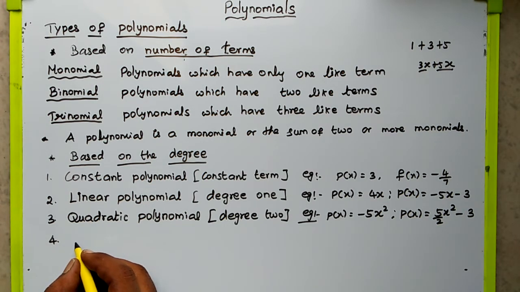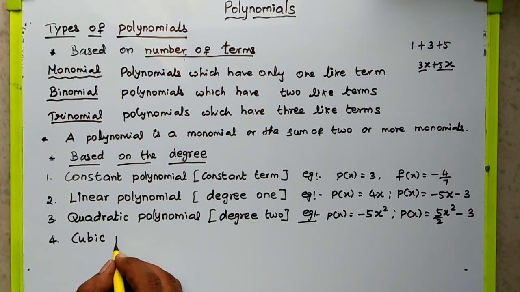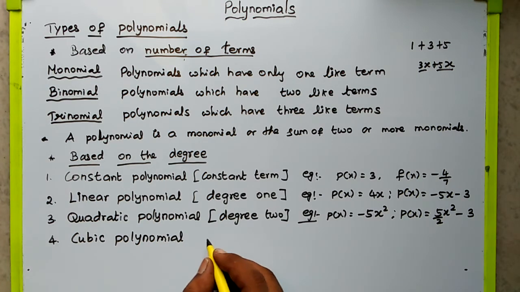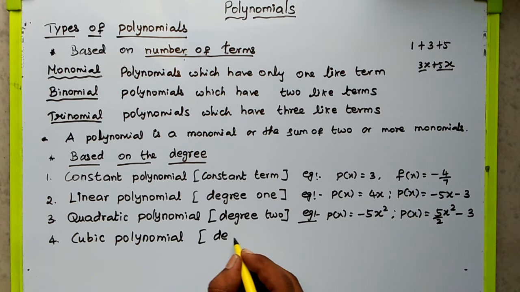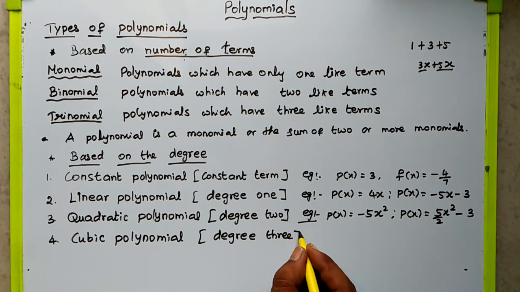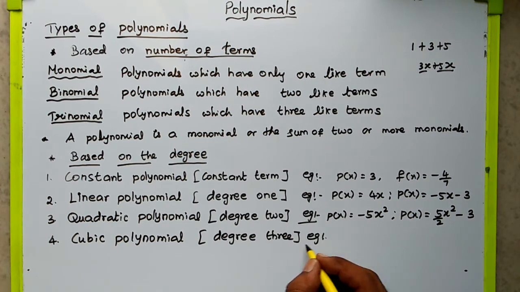Next, cubic polynomial, here degree 3. The highest degree is 3.